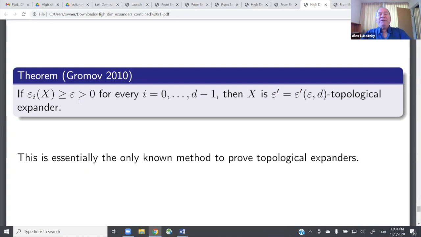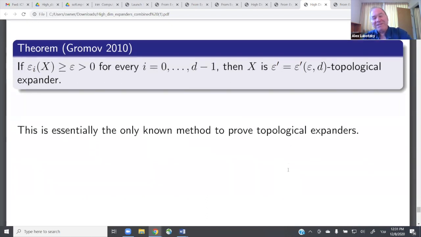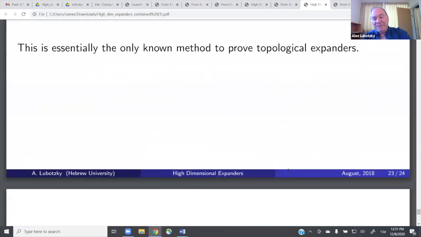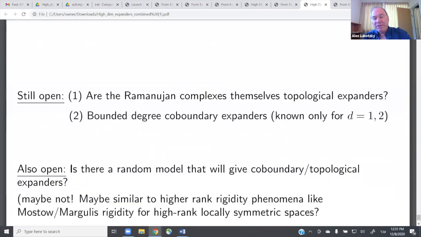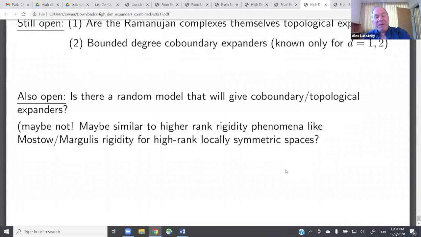Yeah, I think I better stop. It was maybe too much, and especially the last 20 minutes, it was probably kind of torture. Maybe, okay, I will say one more sentence. I cannot overcome the temptation. There is also an open problem to find a good random model which will give topological expanders or co-boundary expanders.